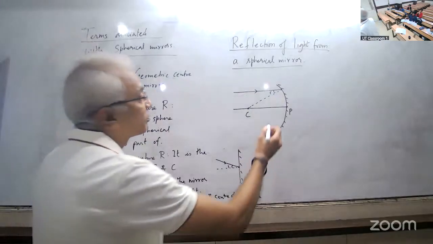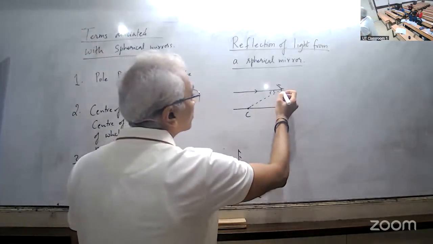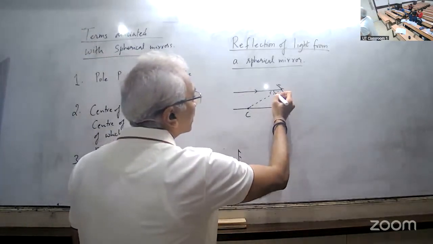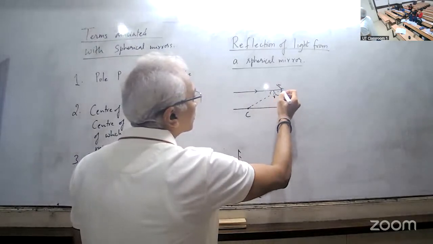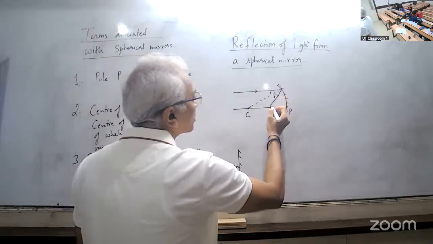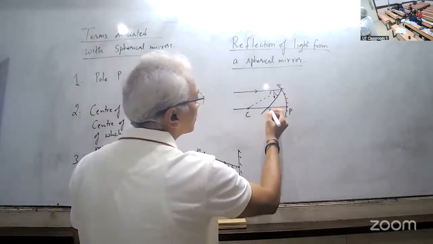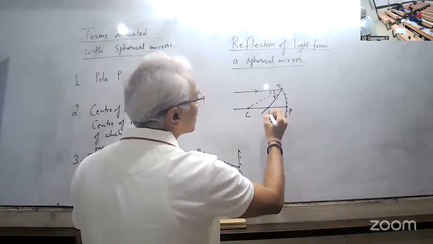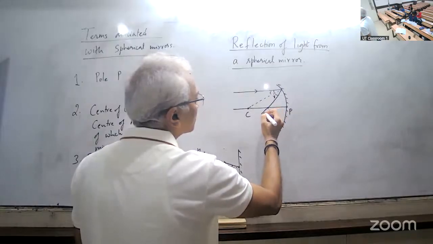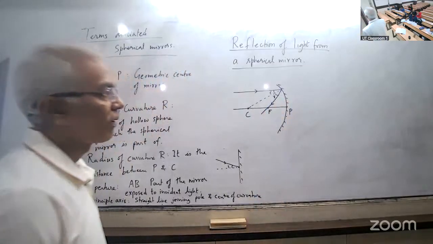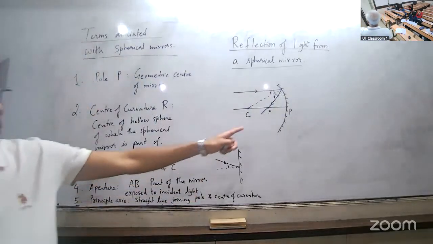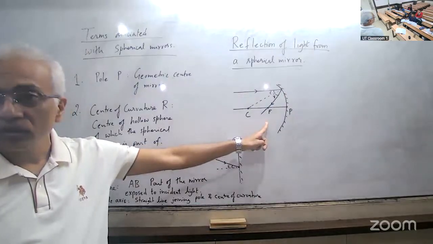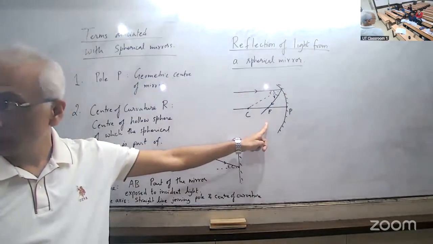So now when I draw the reflected ray, I construct an equal angle. So I find that this ray passes through midpoint of C and P, and I call that as F. Understood? What is this F? F is called focus.